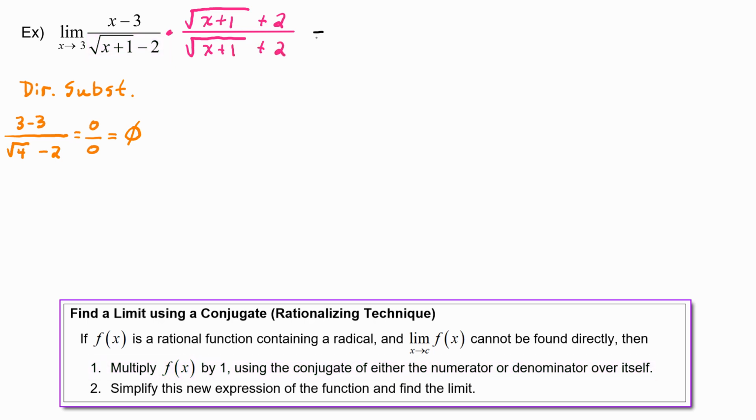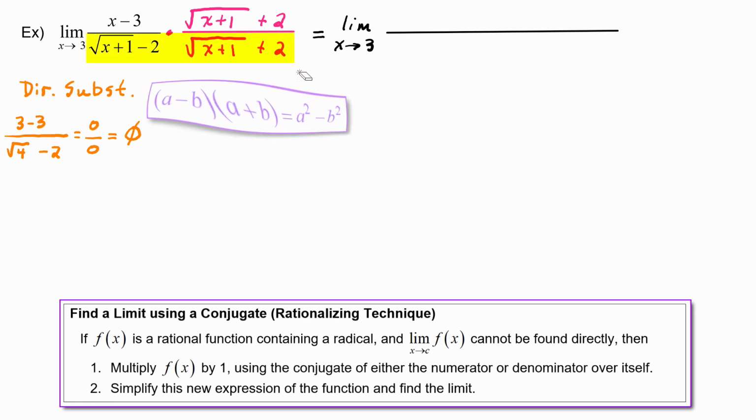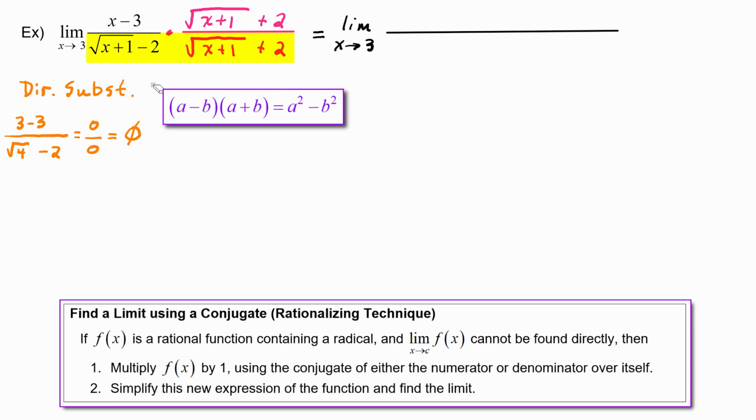Now this is going to equal the limit as x approaches 3. In the denominator, we have a minus b times a plus b, which of course is going to be a squared minus b squared.